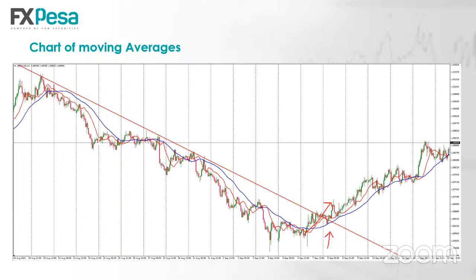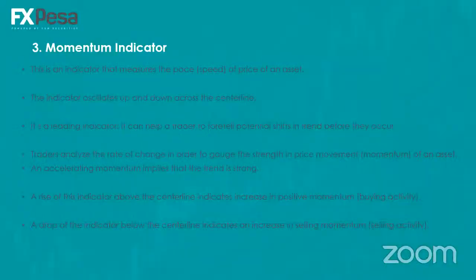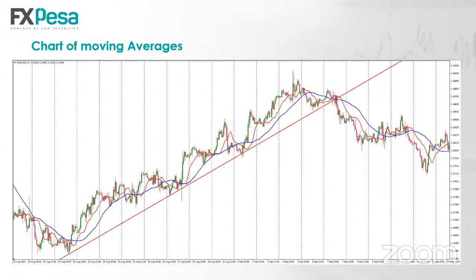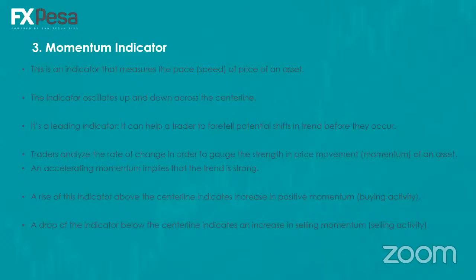Same case for the break of the trend downward: in addition to all these conditions being met, price breaking the trend to the downside, moving average crossing over to the downside, and the price maintaining lower, you still want to see that the momentum to the downside is strong. So we use another indicator, which is the momentum indicator.